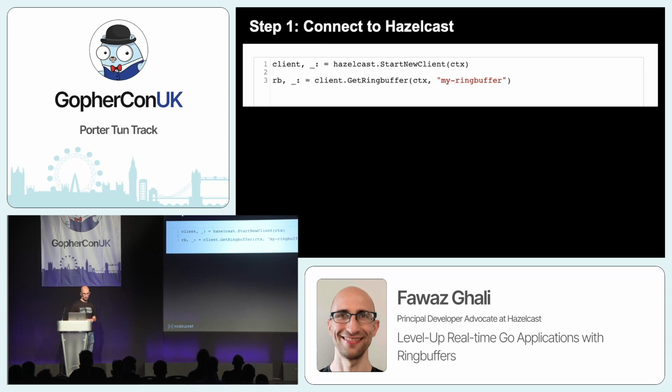what you need is first to start a new Hazelcast instance. This will allow you to run a cluster, and from this cluster, you have one node. Now, if you want to add more nodes to your cluster, you simply repeat step number 1, or line number 1. And from there, you can get the ring buffer.